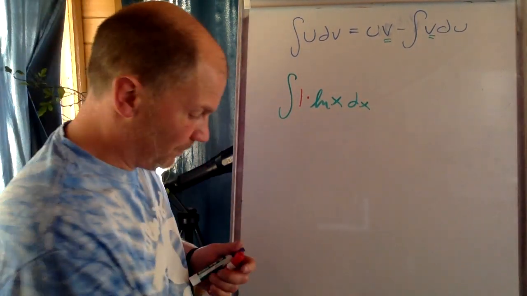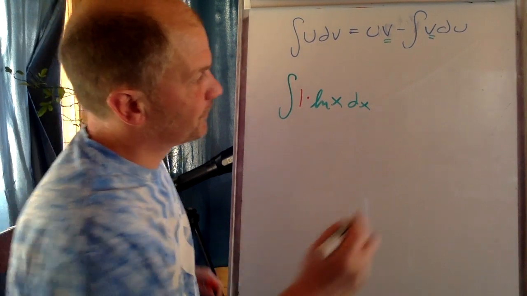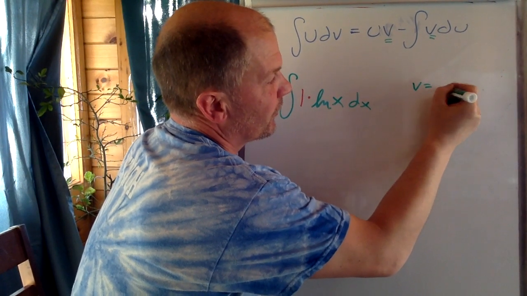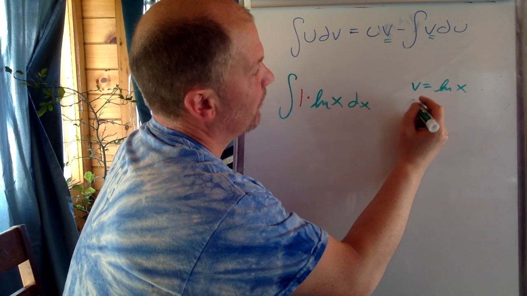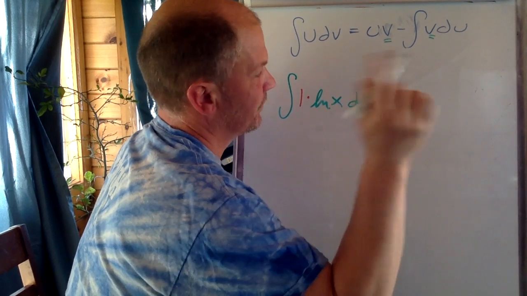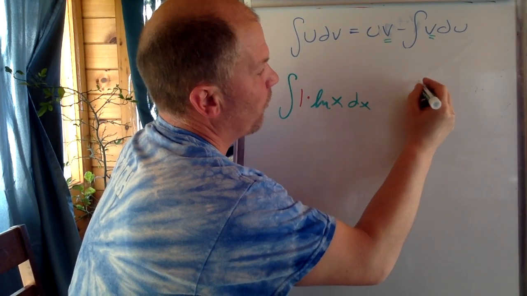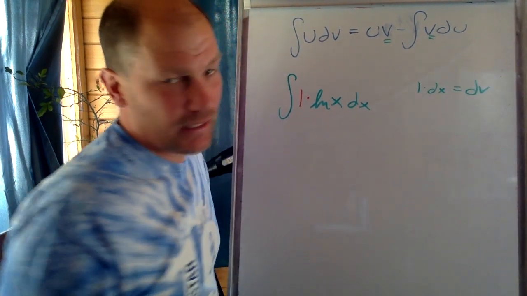I'm sorry, I'm going to say that 1 dx is dv. That's what I meant to say.